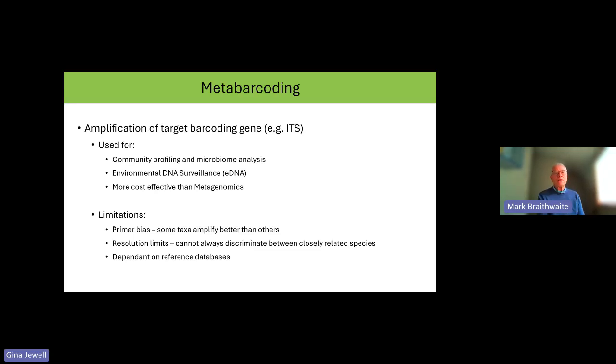Limitations: there can be primer bias, so some organisms might amplify better than others. There are potential resolution limits, for example, can you distinguish between very closely related species? That will probably improve. And it obviously needs a reference database.